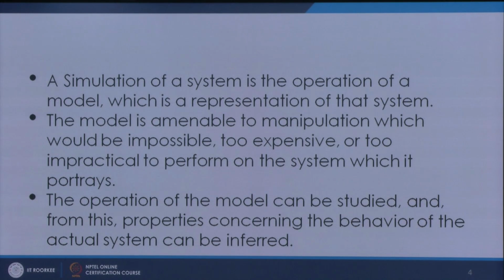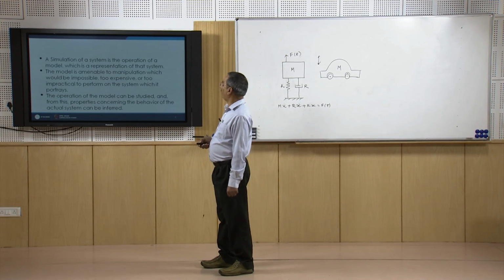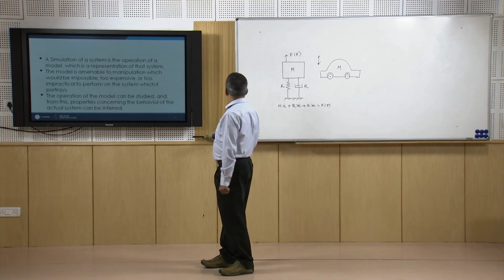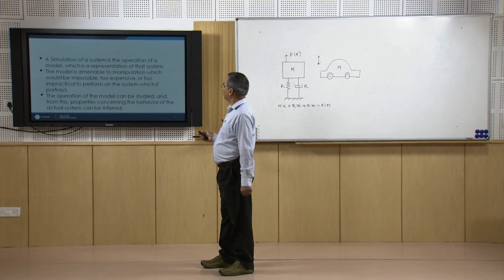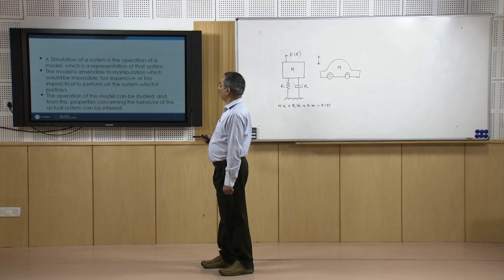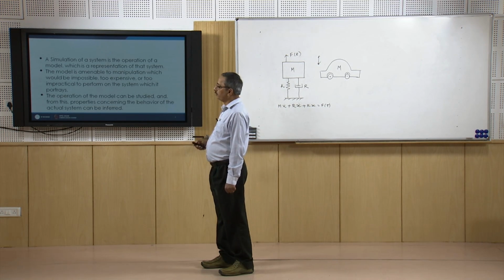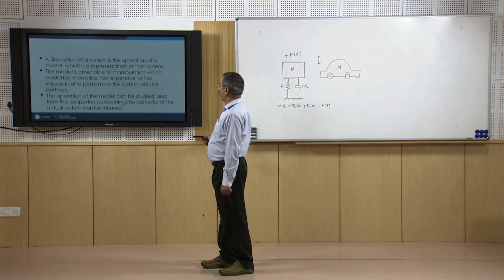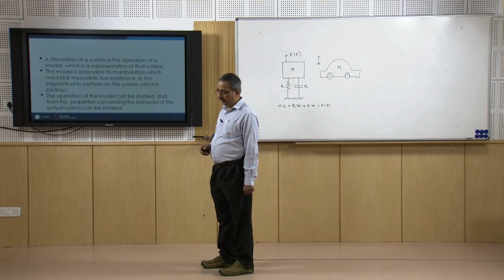So, we are basically operating on the model, and that model actually represents your physical system. Now, the model is amenable to manipulation, which would be impossible, too expensive, or too impractical to perform on the system which is portrayed.